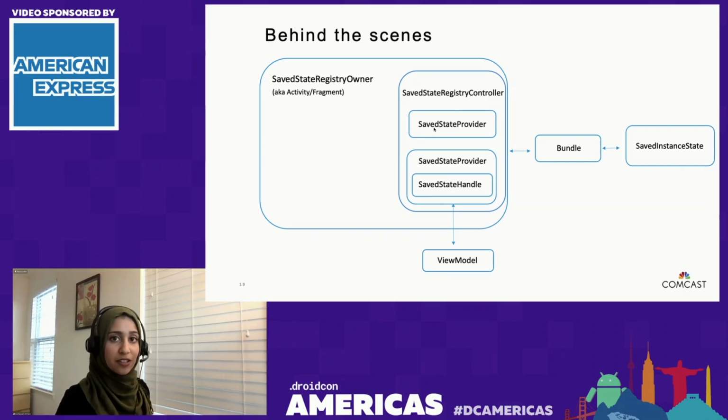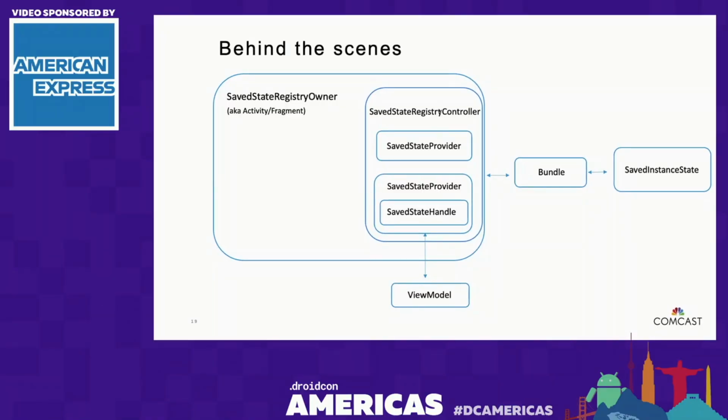Each of the providers will produce a bundle. So the registry controller will take the list of bundles, wrap it all up into a big bundle, save it in saved instance state. And when the activity comes back to the foreground, the same process happens in reverse.